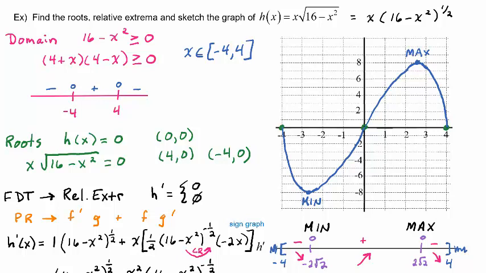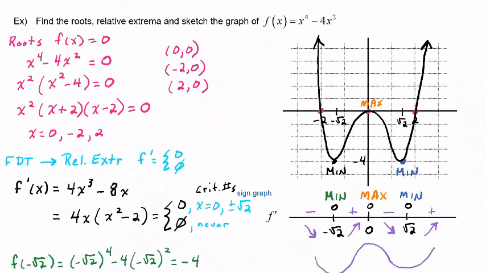Now you might be wondering why we had to do a domain restriction on this problem for this h of x when we didn't have to do that on the previous graph. So let's take a look at that one.